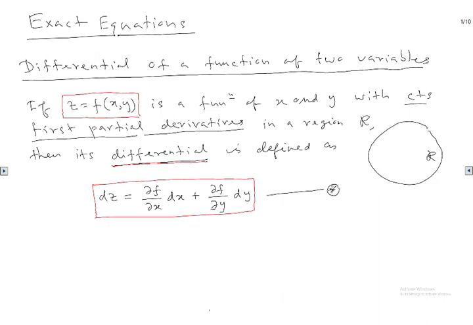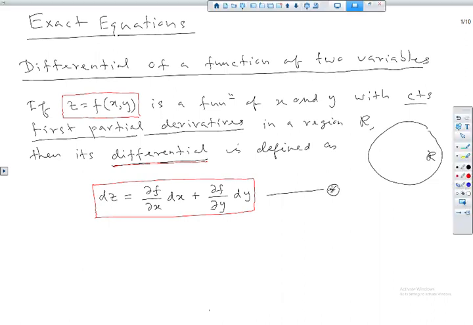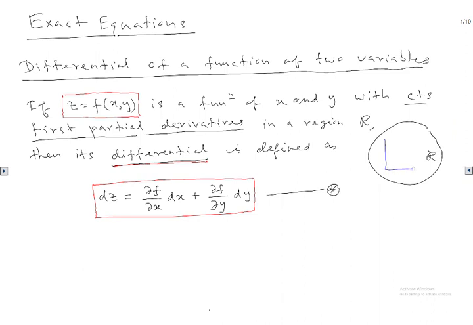There are two variables here, x and y. There's an x variable and also there's a y variable. So what will happen to the z function if you make slight changes in the x direction and y direction? It's given by this. This is what we call the differential of the z function.